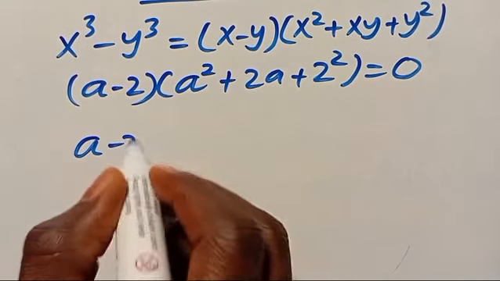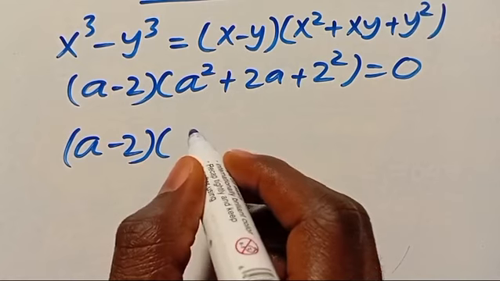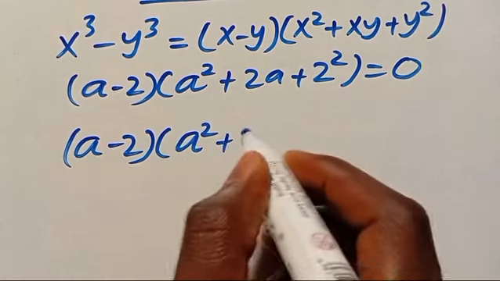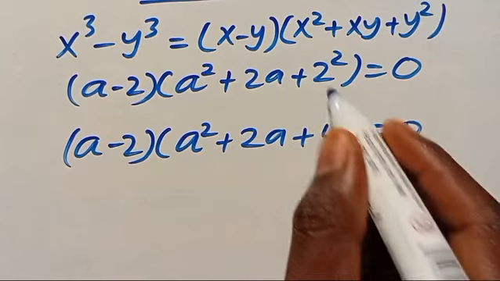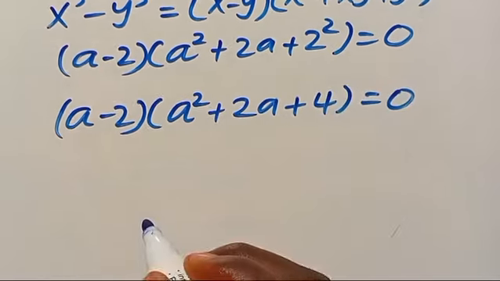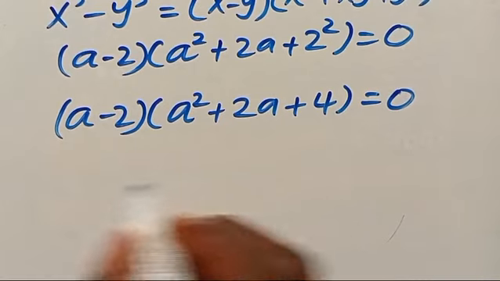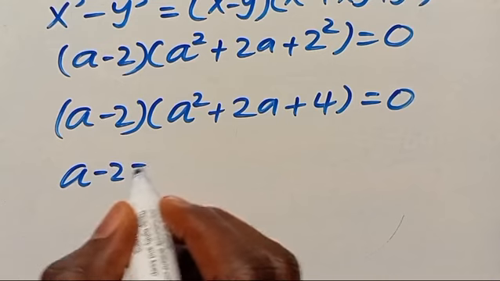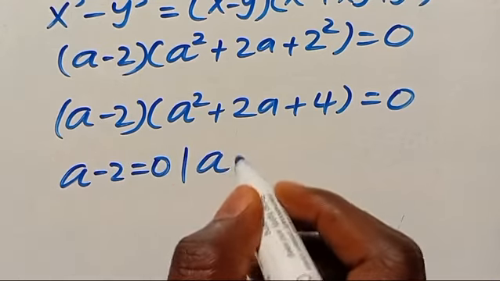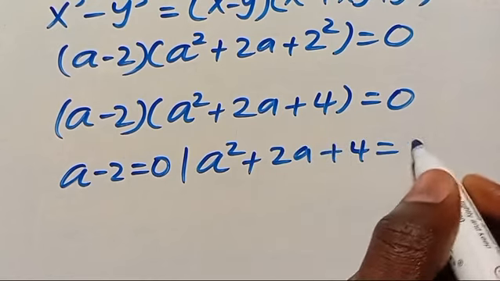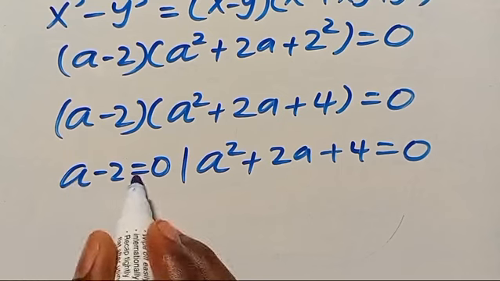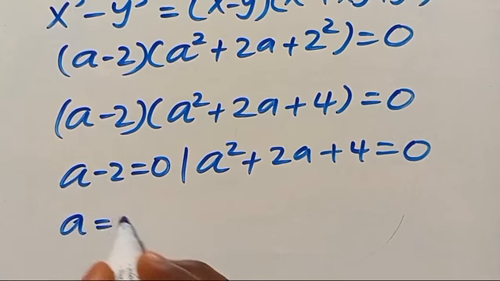So we have a minus 2 multiplied by a squared plus 2a plus 4 equals 0. 2 squared will give us 4. For this expression to equal 0, we have a minus 2 equals 0, or a squared plus 2a plus 4 equals 0. Obviously from here we have a equals 2.